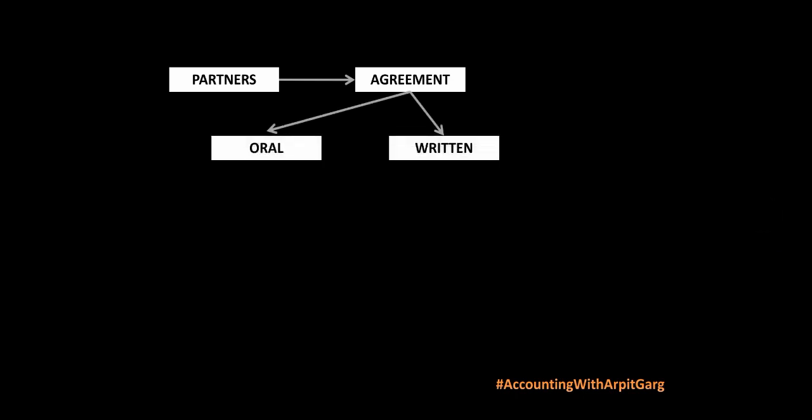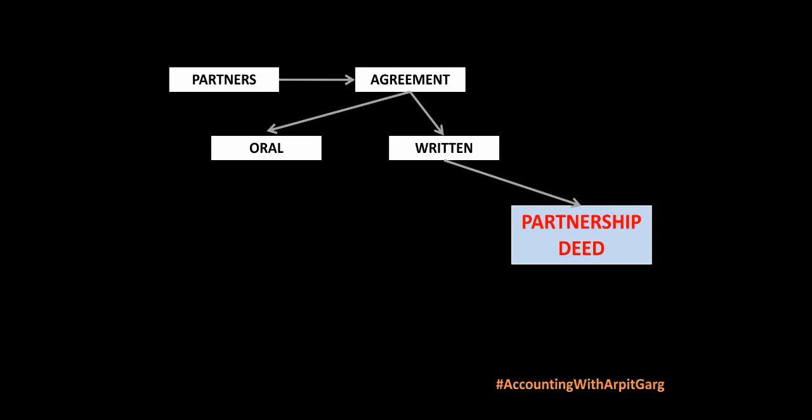As we know, whenever we join our hands with others for a purpose, an agreement is made beforehand to avoid chances of disputes which may arise in future. Here also, partners have an agreement which can be of two types, either oral or written. A written agreement among the partners is called a partnership deed.